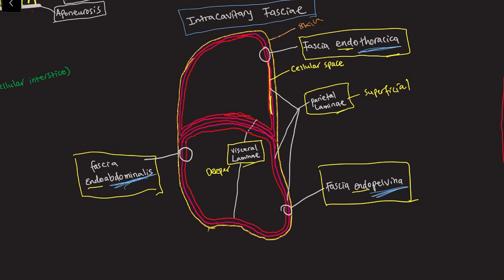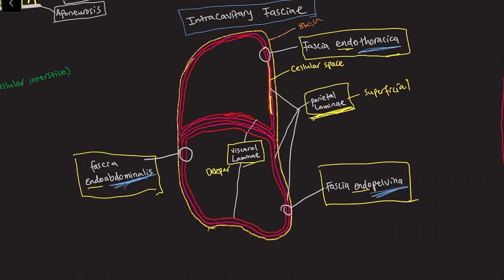The part of that fascia that attaches to the wall is known as the parietal lamina. And the part of that fascia that covers the visceral organs, like the heart and the lungs, is known as the visceral lamina.